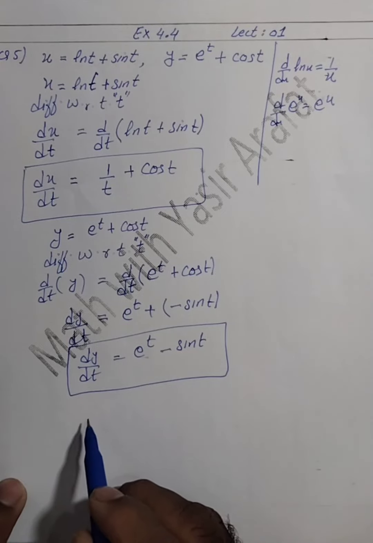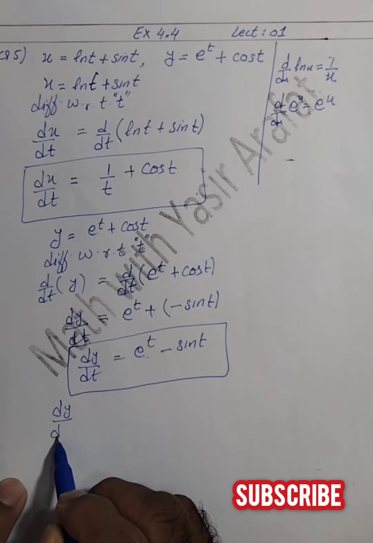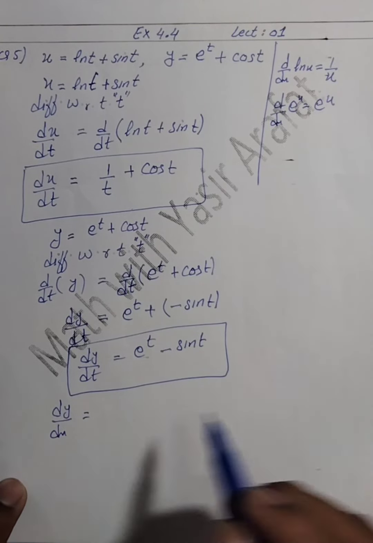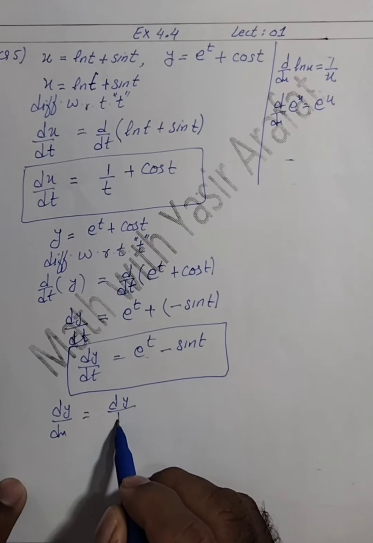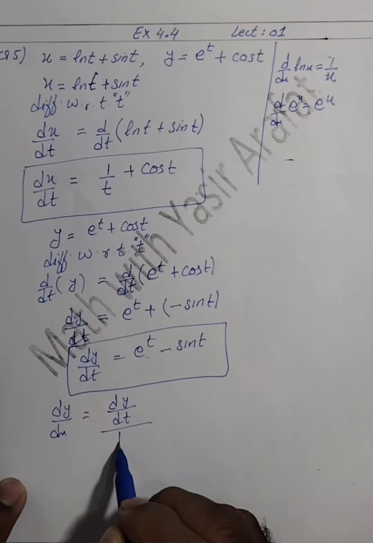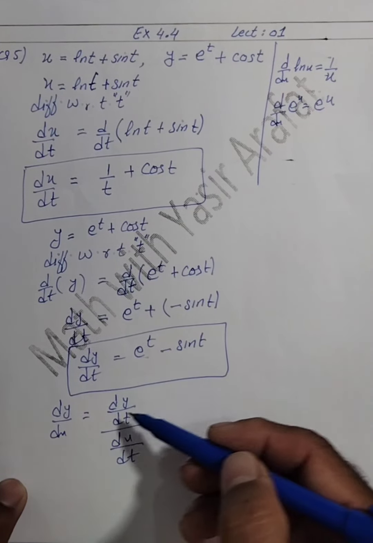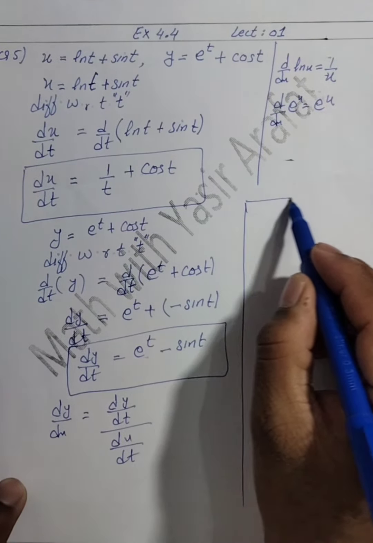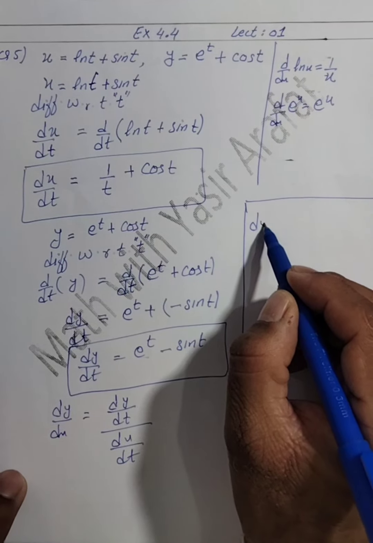Here we have to find dy upon dx from the parametric equation. We have explained what the parametric equations are in the previous question. So dy over dt divided by dx over dt can be written as dy upon dx like this. So we just have to put their values here.